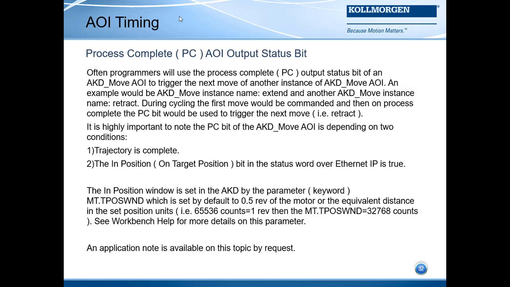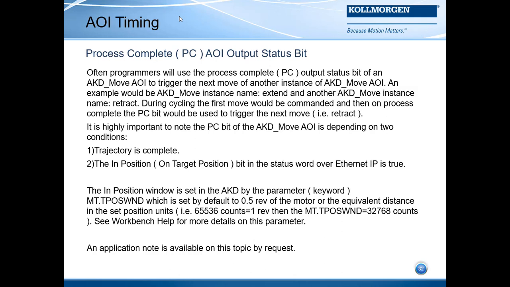During cycling, the first move would be commanded, and then on process complete, the PC bit would be used to trigger the next move, retract. It is highly important to note the PC bit of the AKD move add-on instruction is dependent on two conditions. One, the trajectory is complete, and two, the end position on target bit in the status word over Ethernet IP is true.